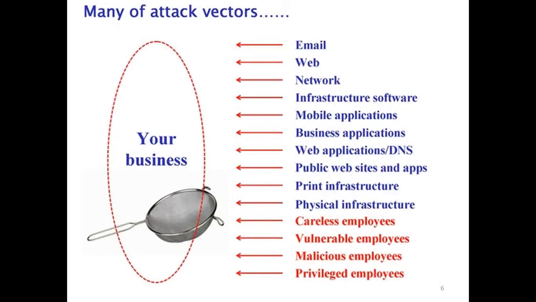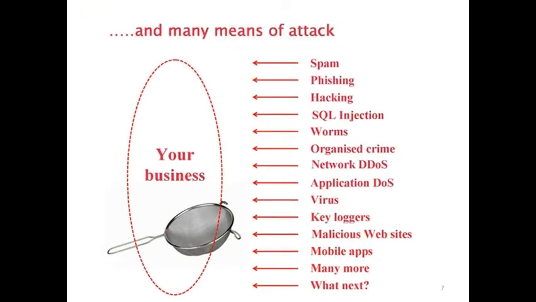Through these vectors of email, web, and network, there are many means such as spamming your email, phishing your web, hacking your network, SQL injection, and advanced persistent threats, which are the most important hacker techniques identified recently.